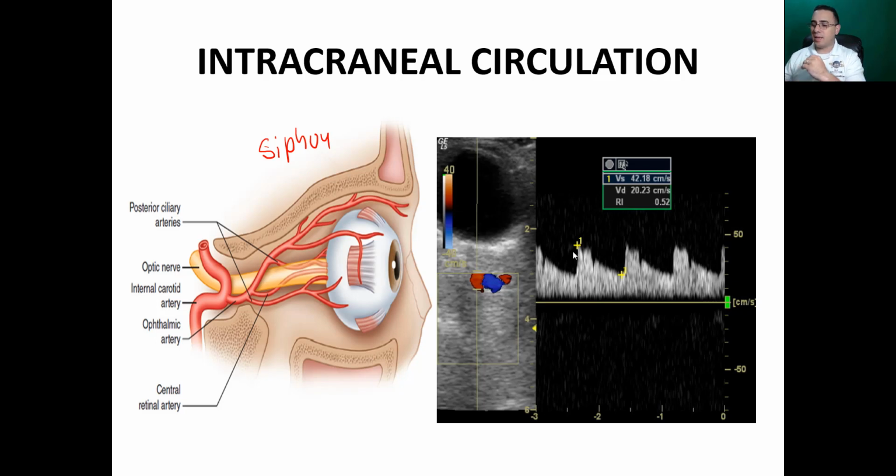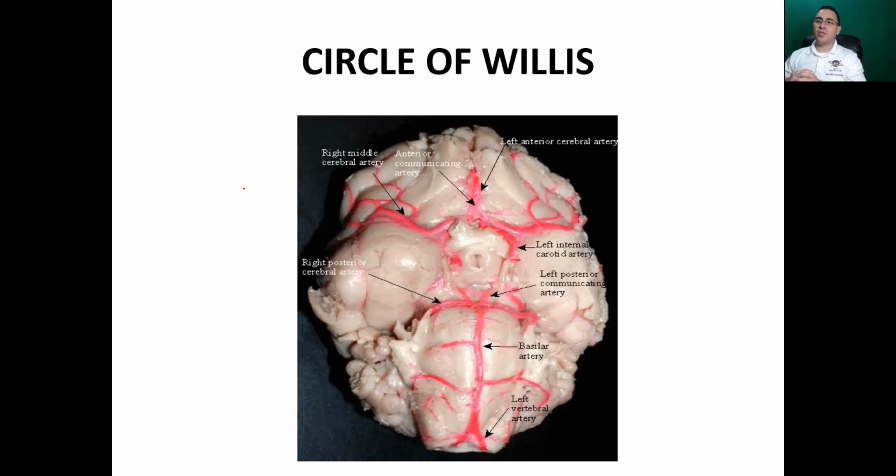And if the patient has, let's say, an occlusion at this level right here, the facial, which is coming this way, will connect to all these branches in here, and it will send the flow in an opposite direction, towards the internal carotid, in order to keep the flow going to the brain. So this is what we call an external to internal collateral, and this is why it's so important to understand this anatomy.